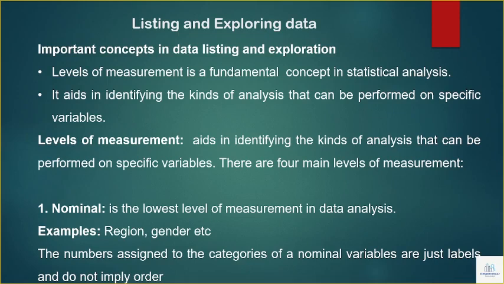No, there is no order. Talk of gender too, there is no order. Talk of color, there is no order. Talk of type of fruit, you cannot say there is an order. So you can think of nominal like sorting things, like you want to regroup things into different groups. Think of nominal that way.